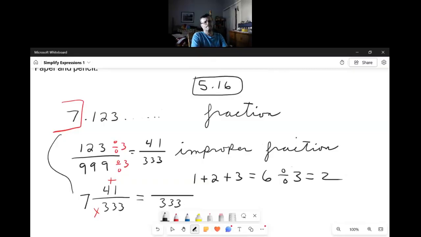These match. 7 times 333 equals 2331, plus 41, 2372. And there's the equivalent fraction of 2372 over 333. There you go.